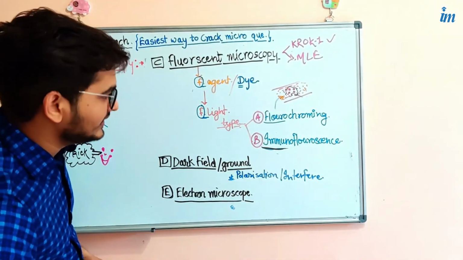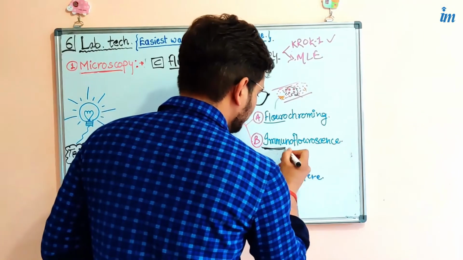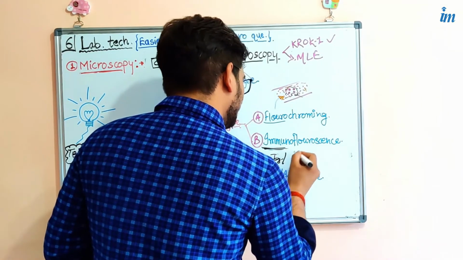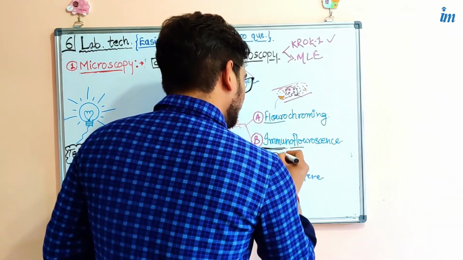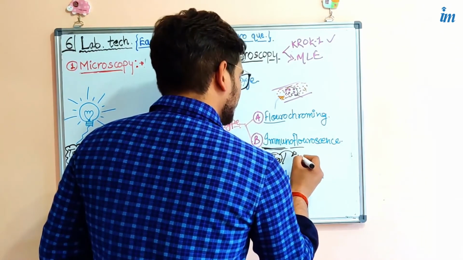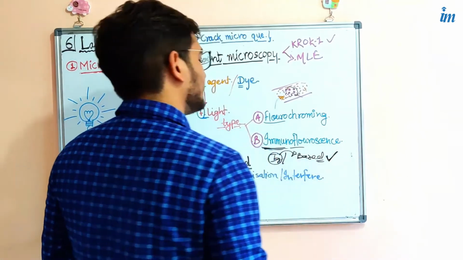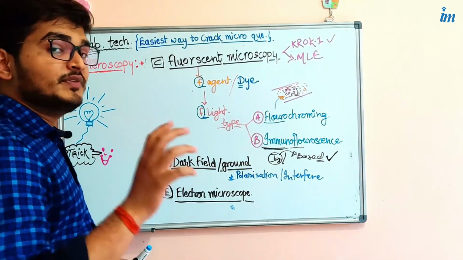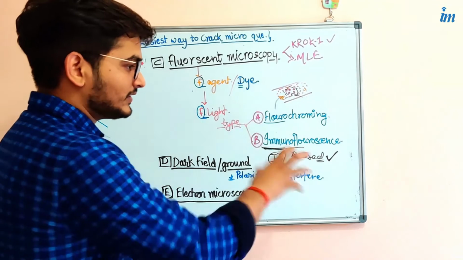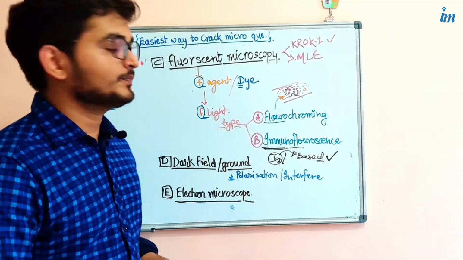Fluorescence means this property which includes the immunoglobulin Ig and their antibody-based property. And this one is the gold standard technique to diagnose some specific types of pathological conditions in the human body.